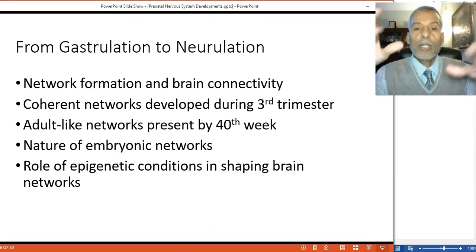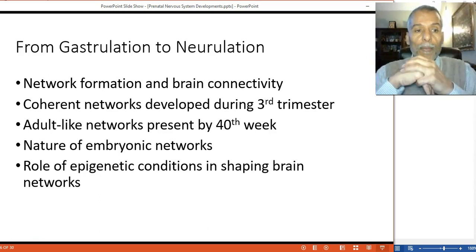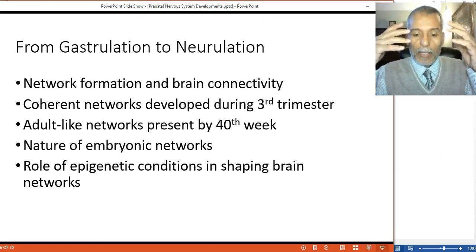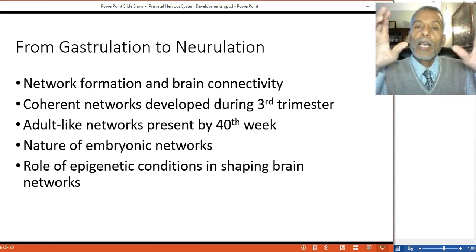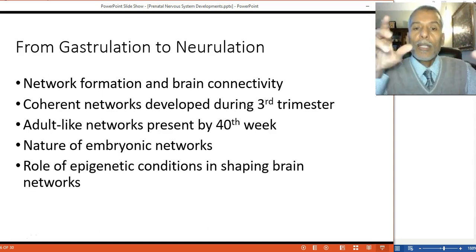It's just a matter of maturation and connecting these networks. The networks that the embryo has are genetically determined. However, they are a rough draft. They can be modified, and they are modified through changes in the environment.